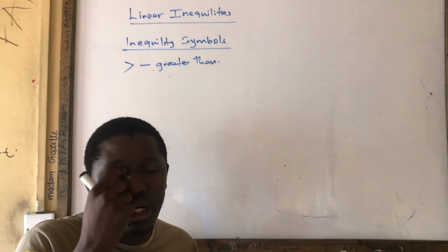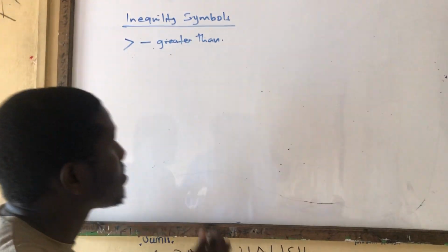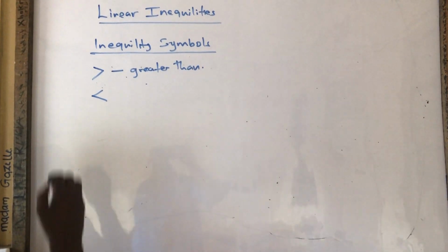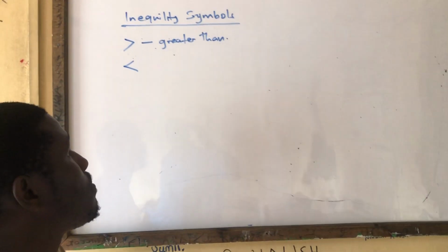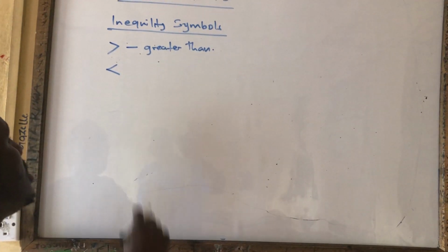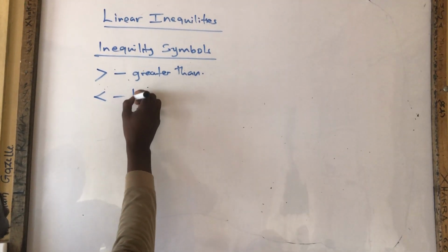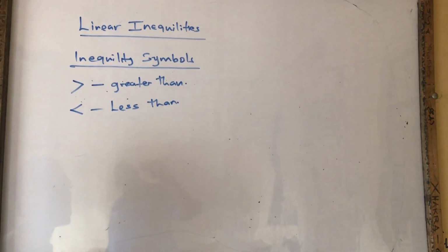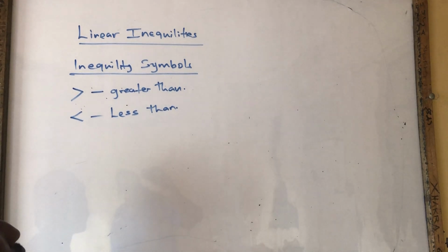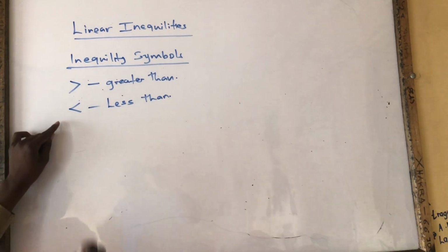Then we have the next inequality symbol, which is this other one. How do we describe that one? This inequality symbol is described as less than.